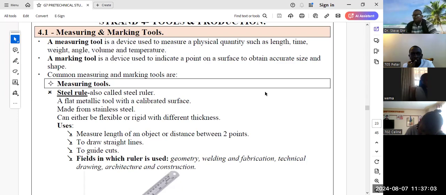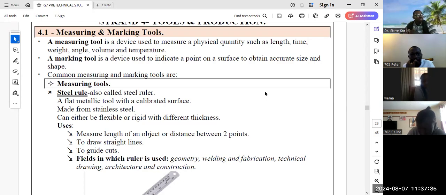Now, what are the uses of a steel rule? Very quickly, they are used to measure the length of an object or a distance between two points. They also draw straight lines, and at the same time, they guide cuts. For example, you want to cut a piece of paper, a manila, or you are doing some sort of construction and you want to make pieces into various shapes.